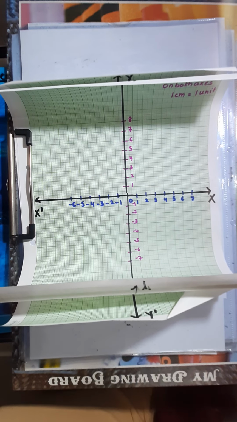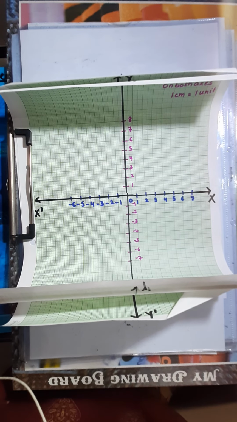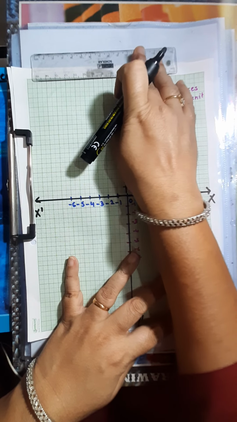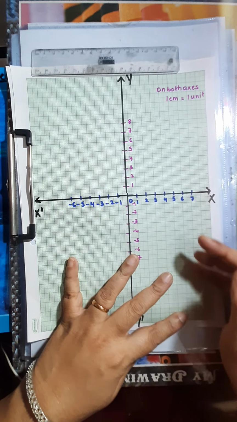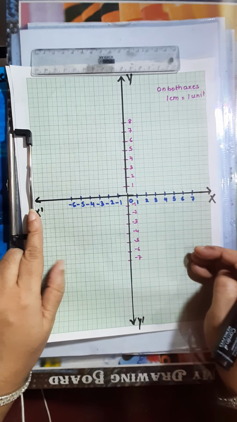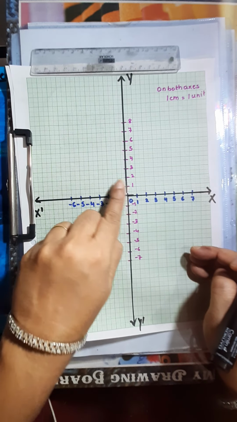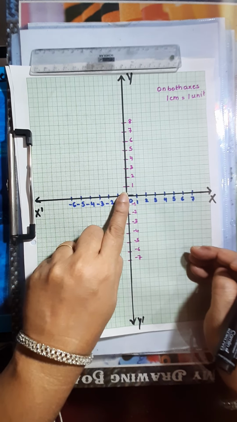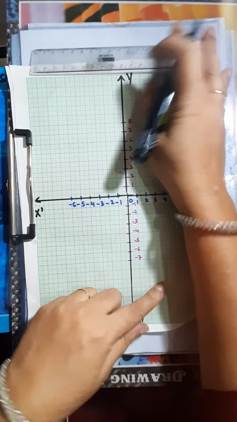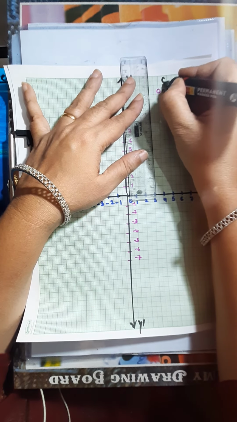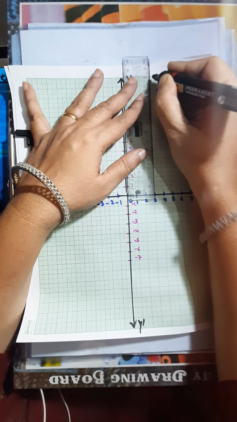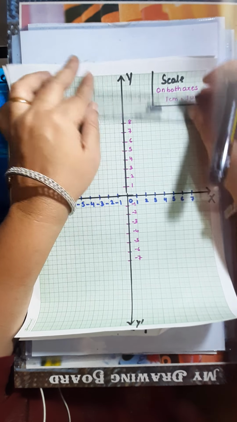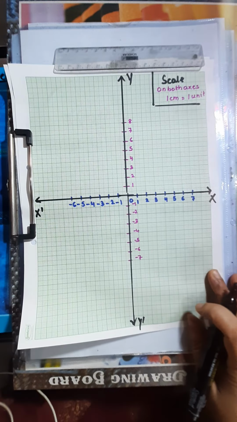And here you will write: this is your x-axis, x dash, y-axis, y dash, positive y, positive x, negative x, origin. This is very important to write. This is my scale, and here we can write: on both axes, 1 centimeter is equal to 1 unit. Is that clear?